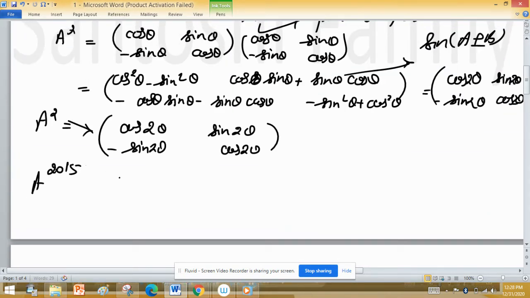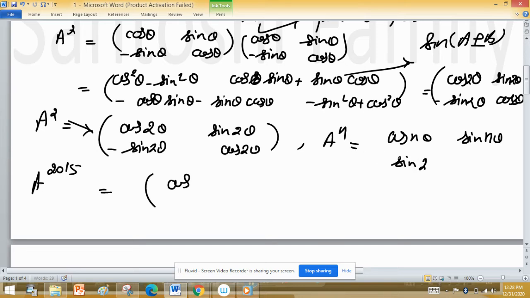If you generalize this, A raised to the power n will be cos n theta, sin n theta, minus sin n theta, cos n theta.